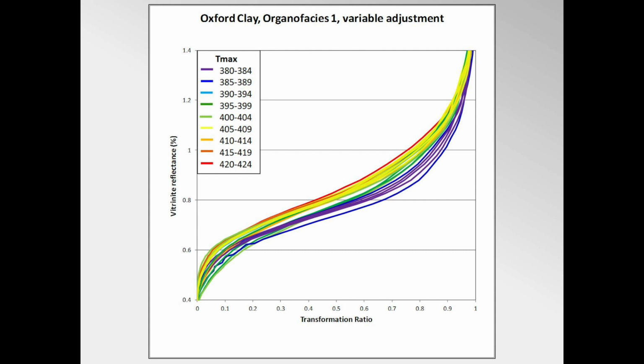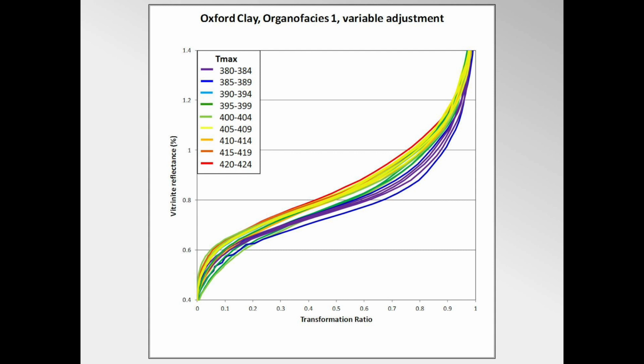And the reflectance value at which generation occurs increases as the Tmax of the samples increases as a result of the changing kerogen structure, illustrated by the Tmax values. But the maximum Tmax in the data set provided by Peters and co-workers is 421 degrees.